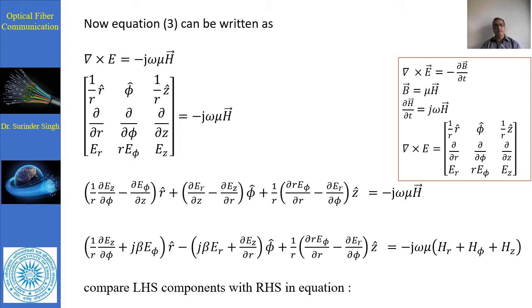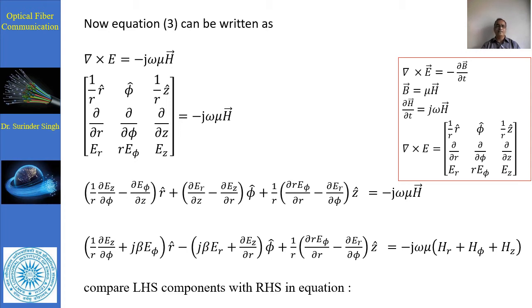Then d upon d phi into E z multiplied by 1 upon r, minus d upon dz into E phi. The r taken here cancels with the 1 upon r, so this r is not here.